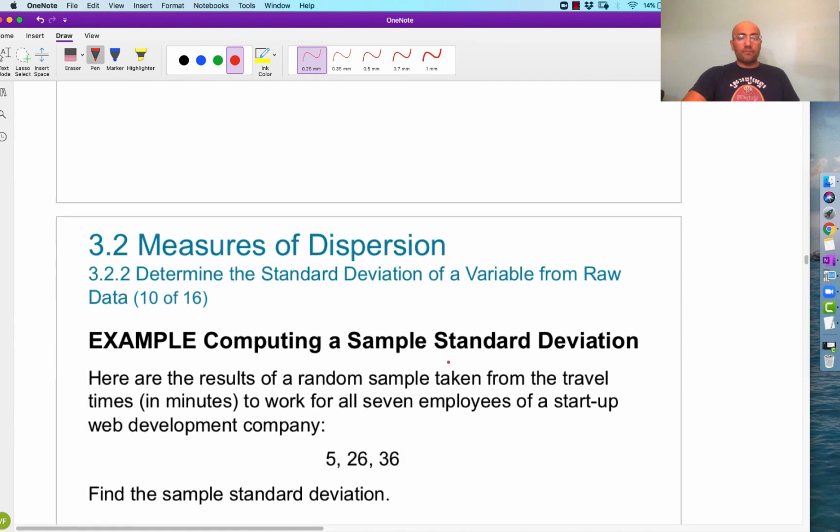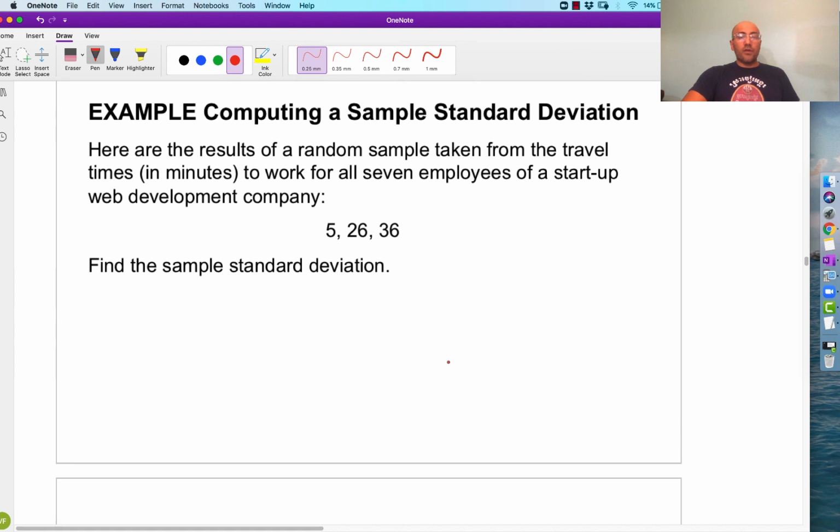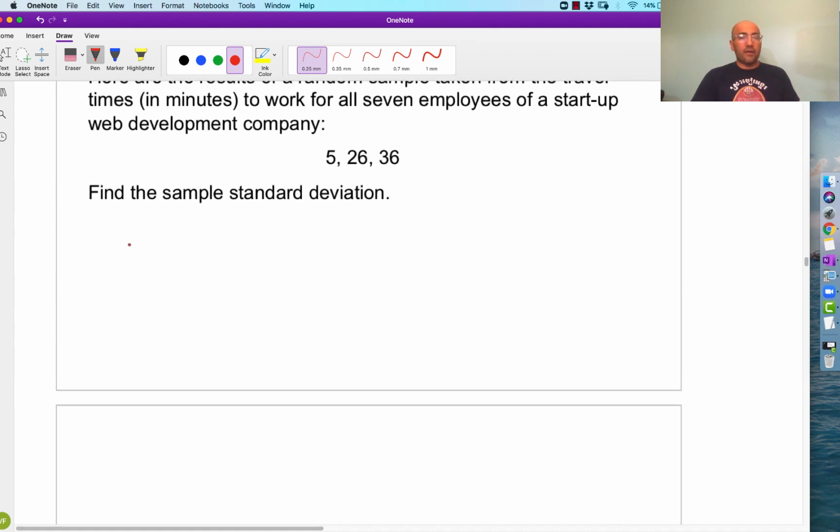Okay, so moving on. Compute the sample standard deviation of these three numbers. Here are the results of a random sample taken from the travel to work times of several startup companies. The first thing we have to do whenever we want to calculate the standard deviation is to calculate the sample mean. So this time we have to find x bar, which is equal to 5 plus 26 plus 36 divided by 3, because there are 3 entries.